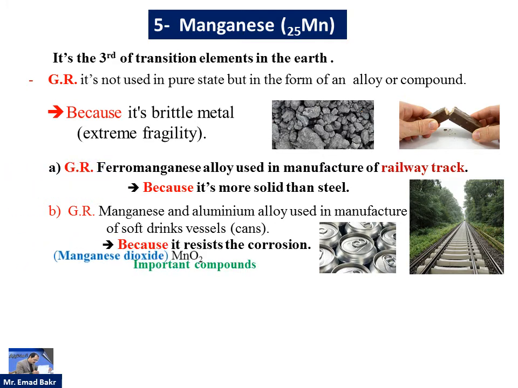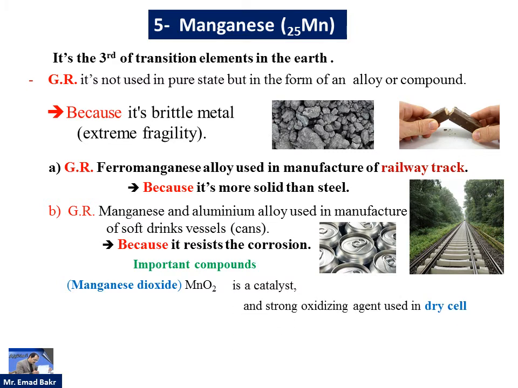Important compounds of manganese: manganese dioxide MnO2, used as a catalyst and strong oxidizing agent used in dry cell. All of us know dry cell.